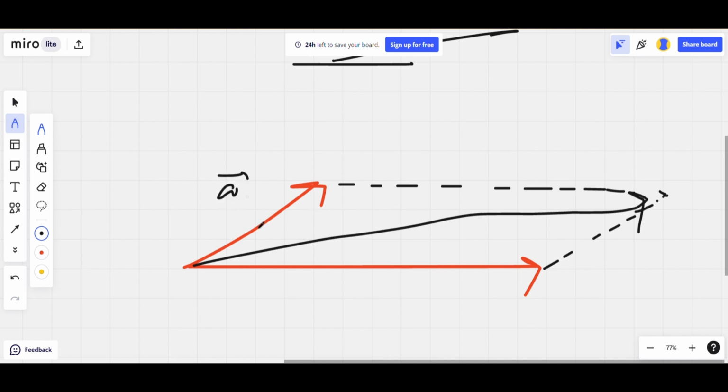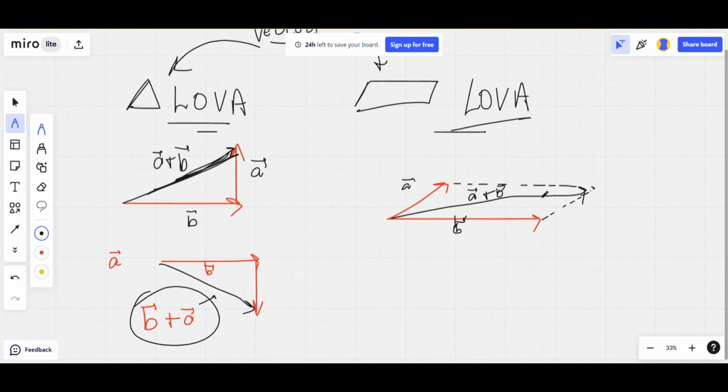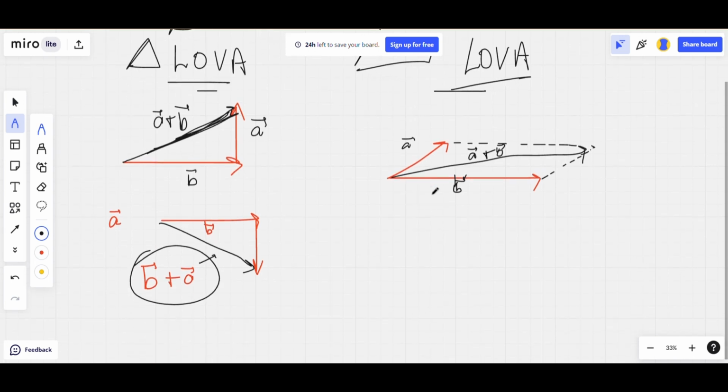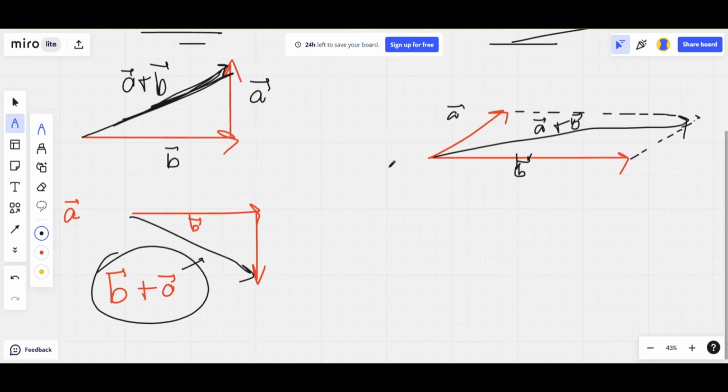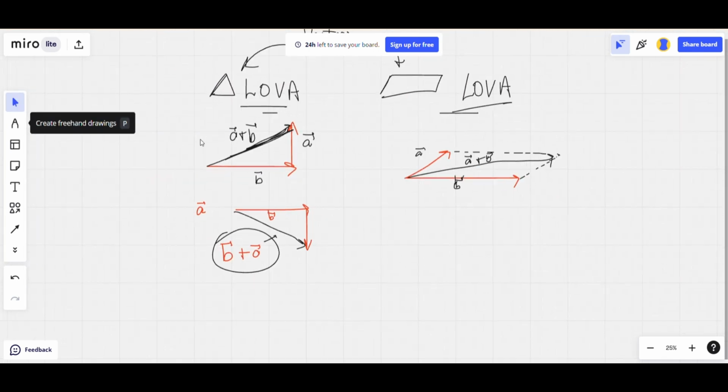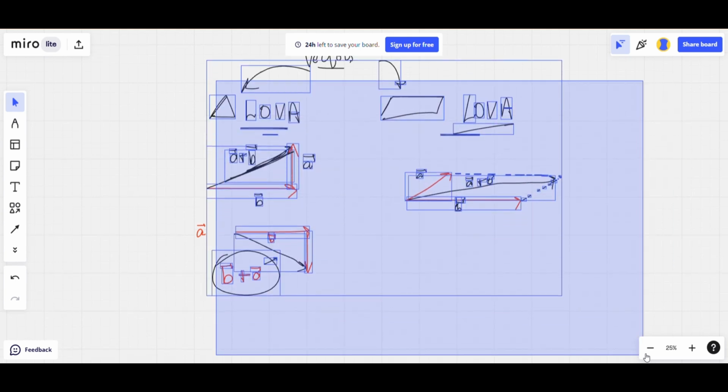If this vector is a vector and this vector is b vector, then this diagonal would give you the sum of a plus b. These are two laws of adding any two vectors. There are derivations that you can find on YouTube, because I don't think it will come for CBSE exams, but just knowing about it is going to help you with the maths. It's not that needed, to be honest.